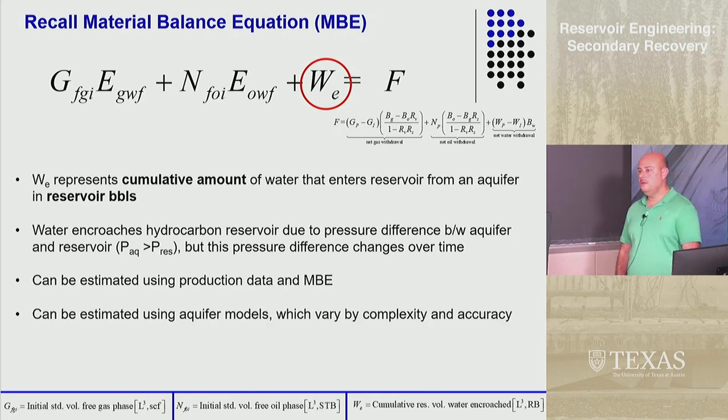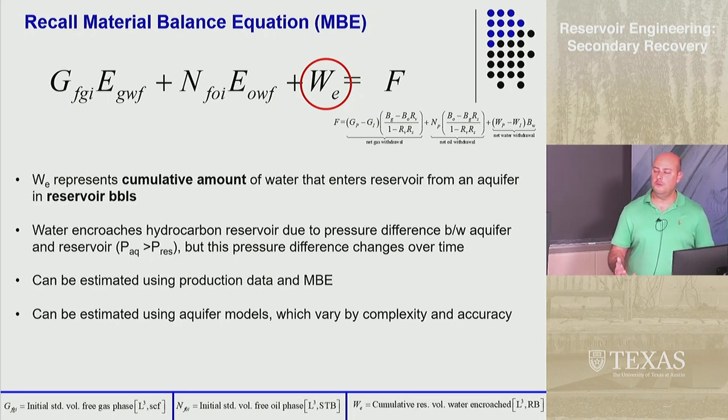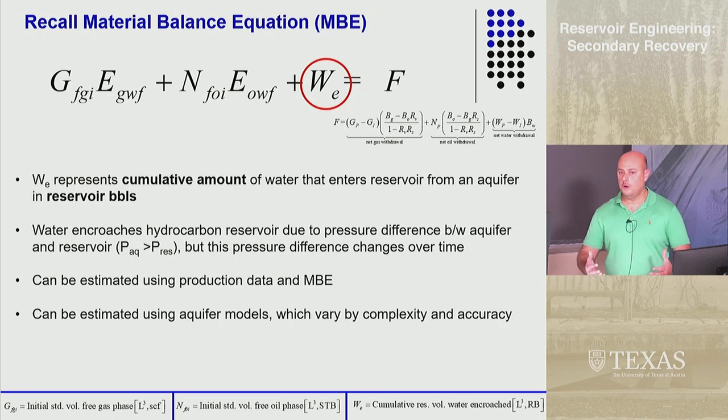But there's another way to do this, and it's important because sometimes you don't know your original gas and oil in place. You want to find that out, is to estimate that from an aquifer model. And that's really what we're going to spend the next week or two talking about, is these different models for predicting WE, the total amount of water that gets encroached into the reservoir.